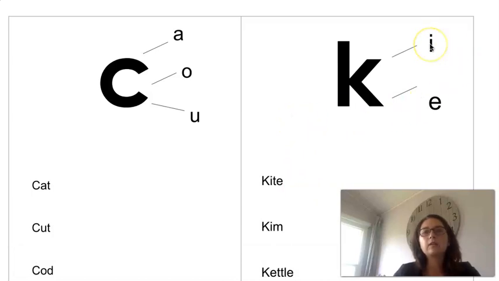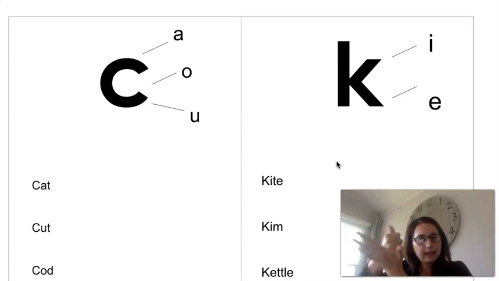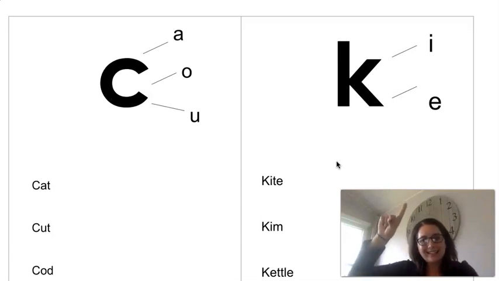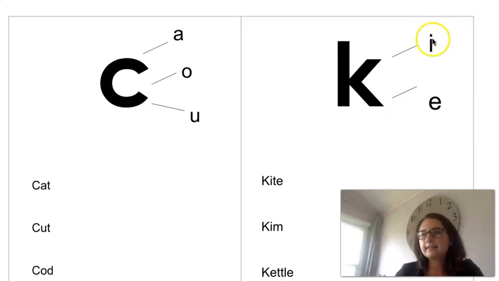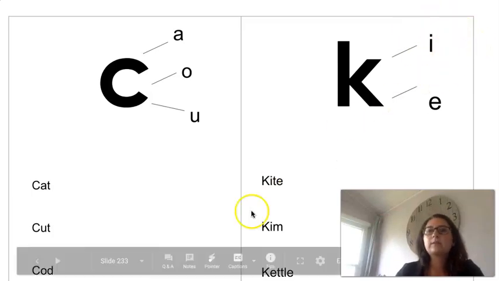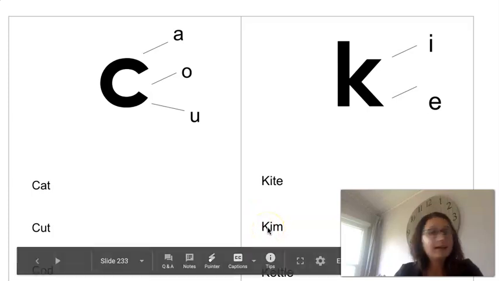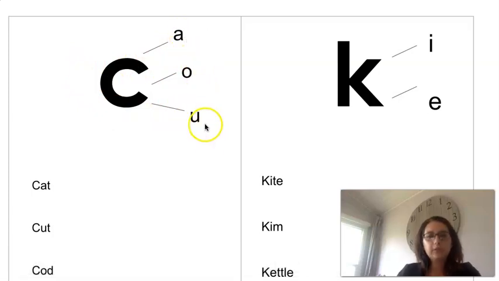It is always followed by I or E. So when I think of Kim, K-I-M, I hear I, so I know it must start with a K and not a C. C is always followed by A, O, and U. K is always followed by I and E.